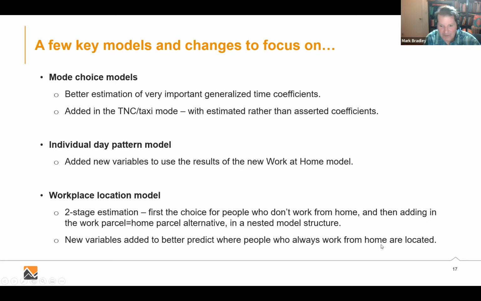A lot of times those people are in places that aren't real urban or not real rural. They're kind of suburban, but with pretty good accessibility to shopping and things like that, which is kind of the most convenient place to live if you're going to work from home all the time.